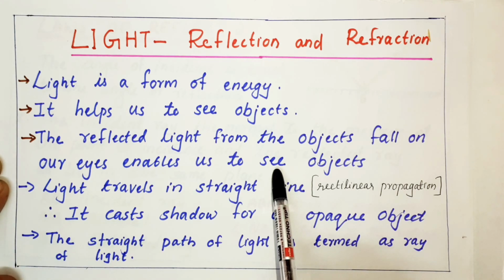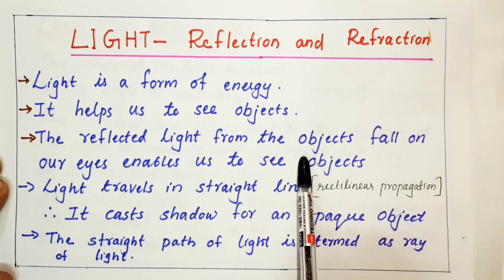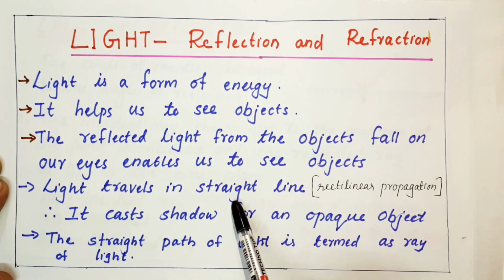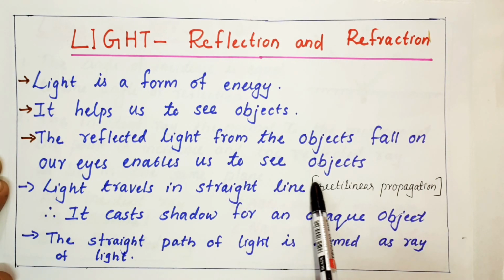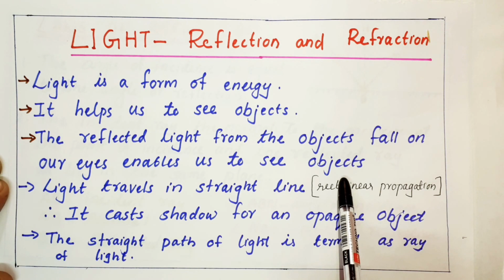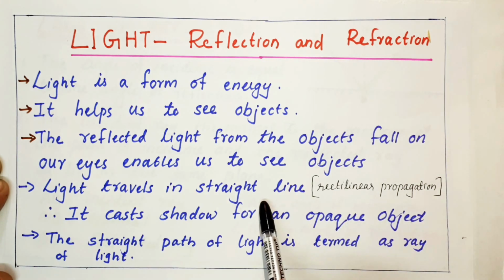It means when light falls on an object, the light is reflected from that object, and this reflected light falls on our eyes, which helps us to see the object. And light travels in a straight line.